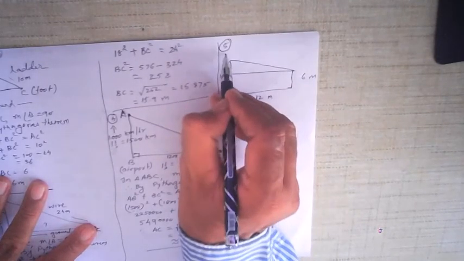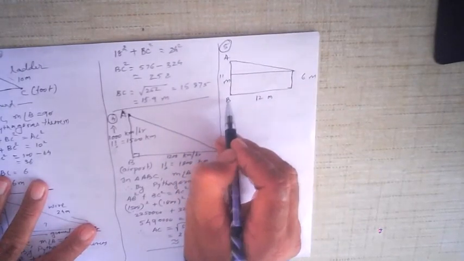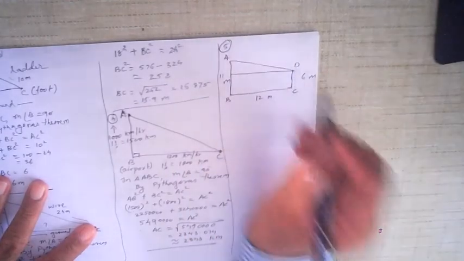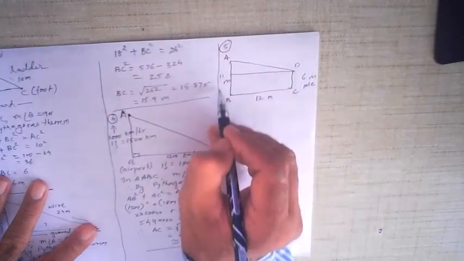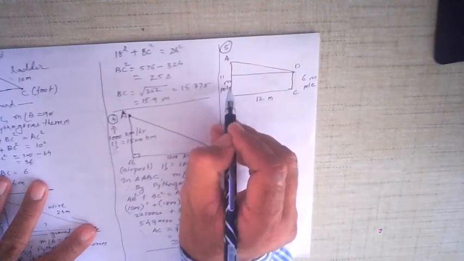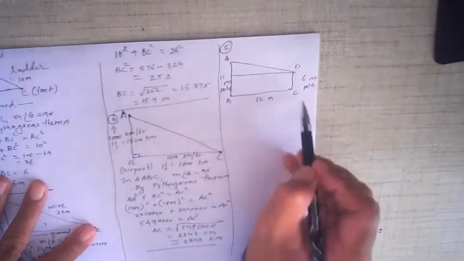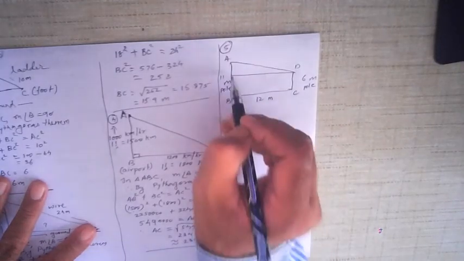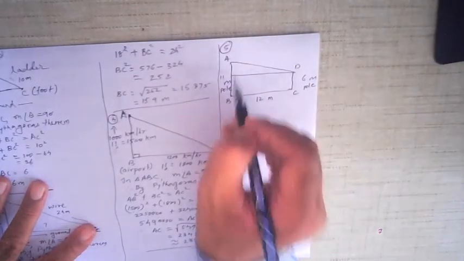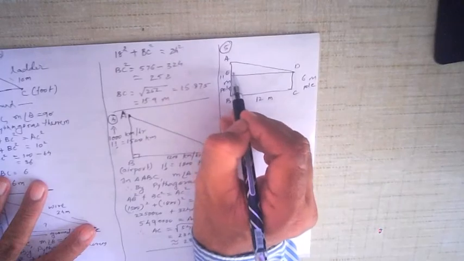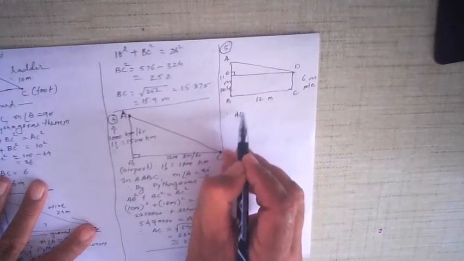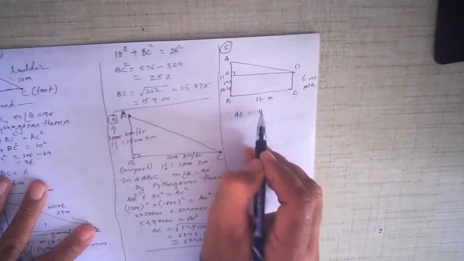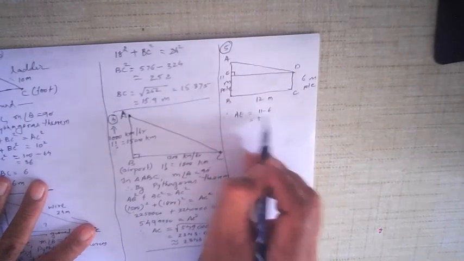So I have got A, B, C, D. This is a pole which is 6 meters high, and this is also a pole which is 11 meters high. So this will be 11 minus 6. Suppose I call this point E. Therefore AE will be 11 minus 6, that is 5 meters.